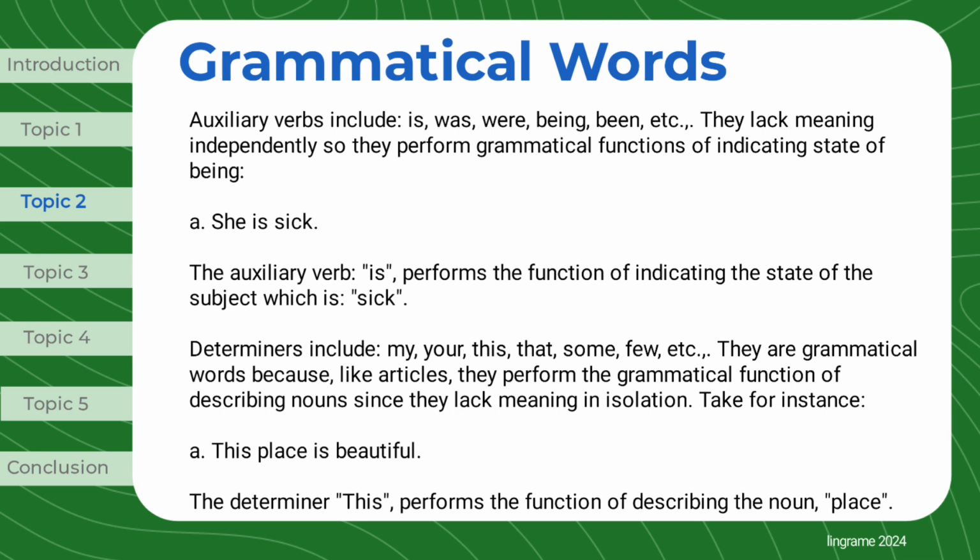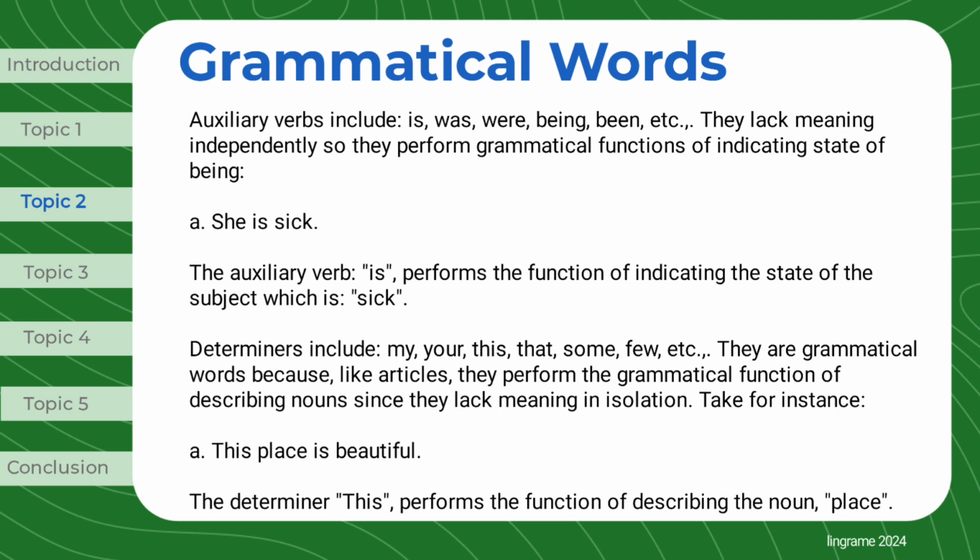Auxiliary verbs include is, was, were, being, been, etc. They lack meaning independently so they perform grammatical functions of indicating state of being, she is sick. The auxiliary verb, is, performs the function of indicating the state of the subject which is, sick.